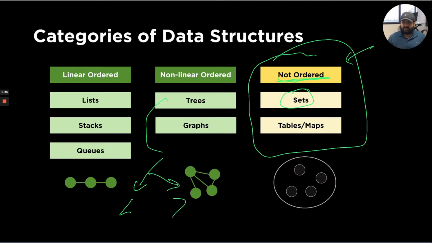But there might be some form of data that does not satisfy this constraint that it can be compared. So that's why we need not ordered data structures, which are agnostic to the type of data.